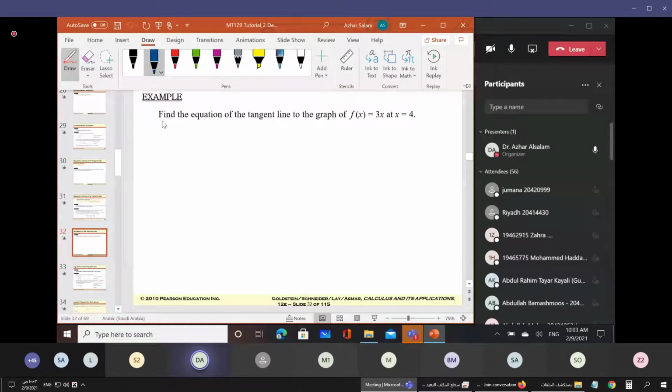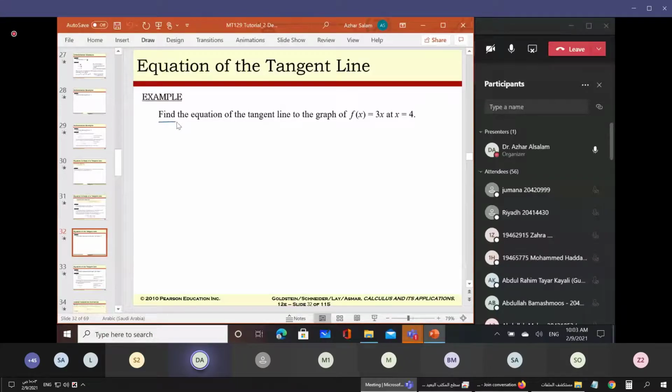The question is, find the equation of the tangent line, which is a straight line, to the graph of f of x, the given function, at this point. This is the point where I want to find the tangent line, or the equation of the tangent line, which is x equal to 4.